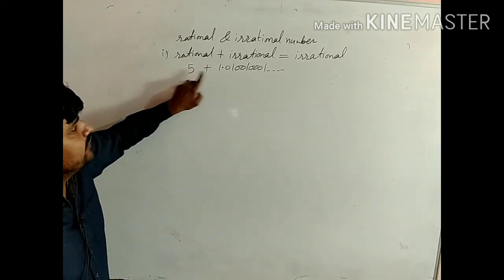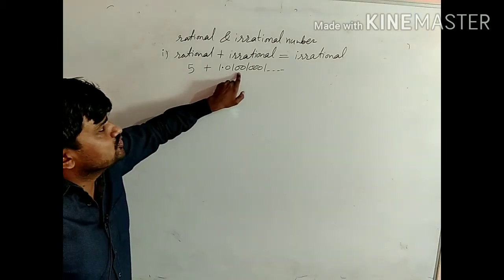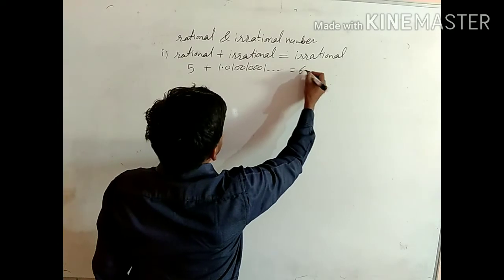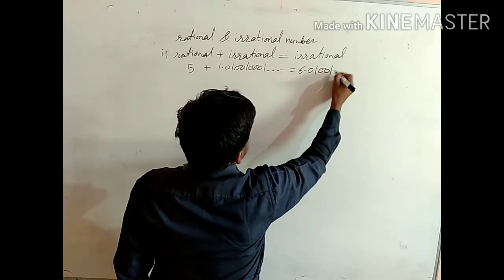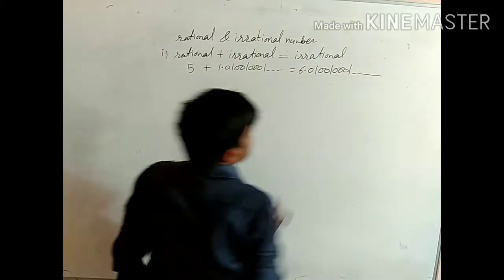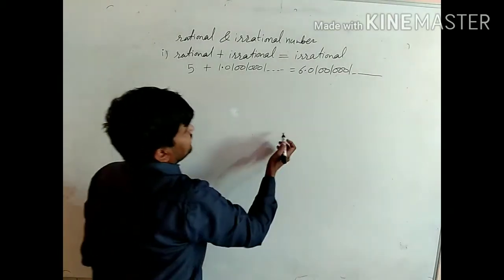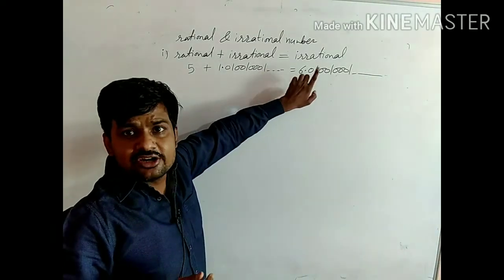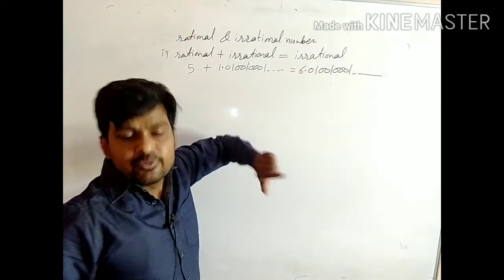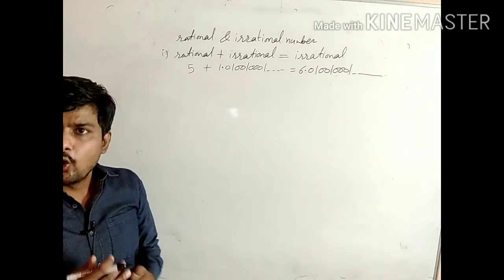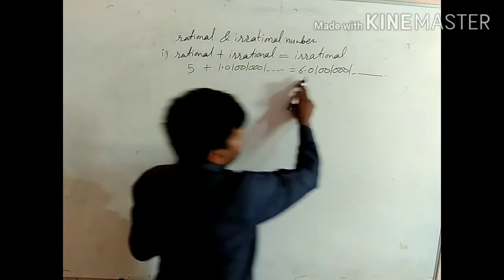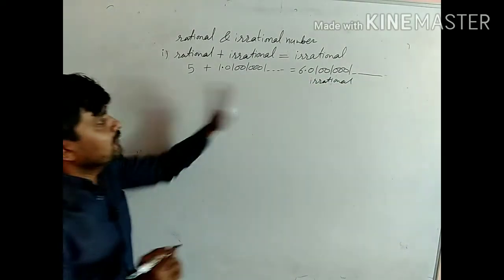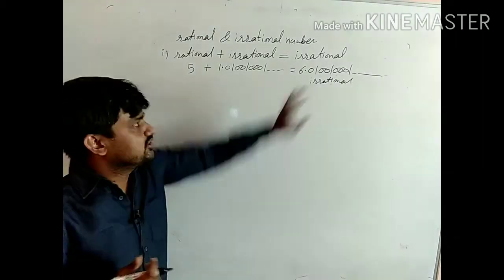So if we add 5 plus 1.010010001 and so on, we get 6.010010001 and so on. This result is a non-terminating, non-recurring number, and we know that such a number is irrational. So the result will be irrational.